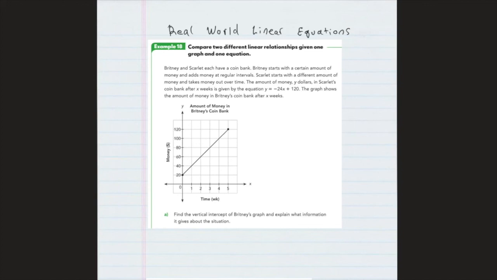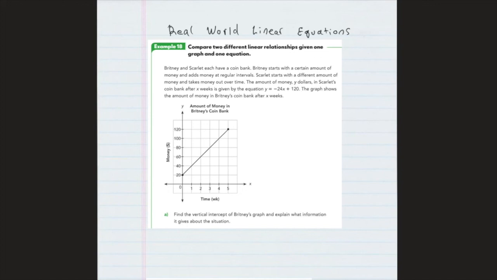The amount of money, Y dollars, in Scarlett's coin bank after X weeks is given by the equation Y equals negative 24X plus 120. The graph shows the amount of money in Brittany's coin bank after X weeks. So we have two different people, and we also have them represented in two different ways. One as an equation, and one as a graph.